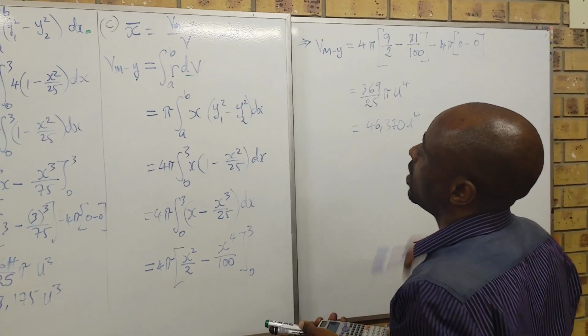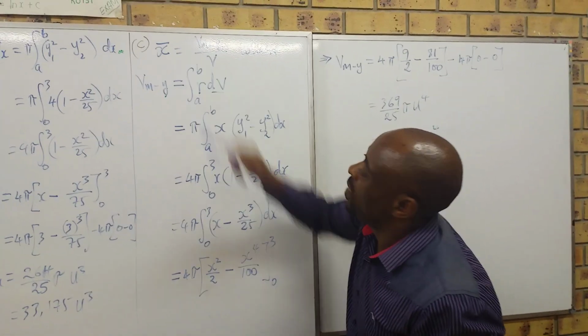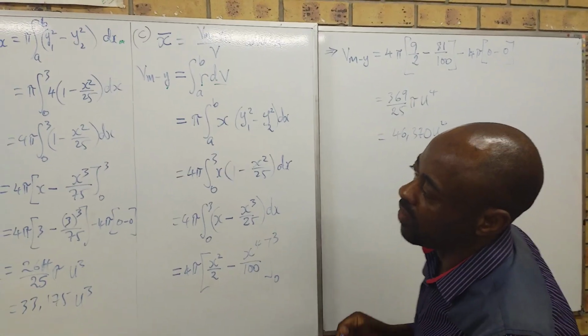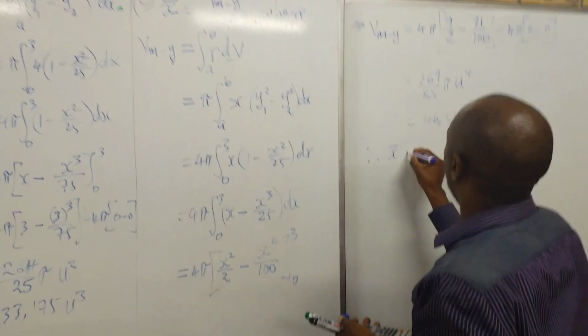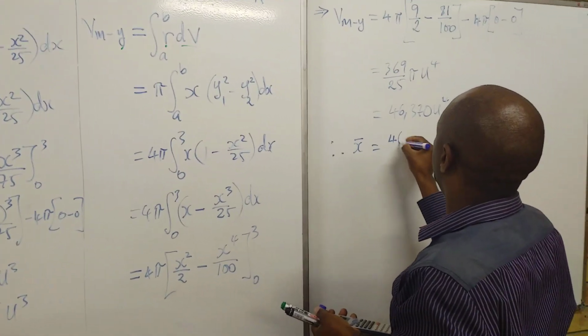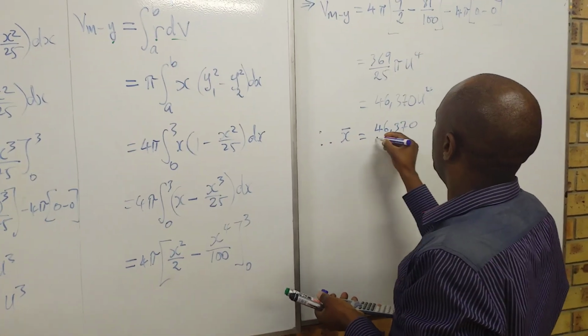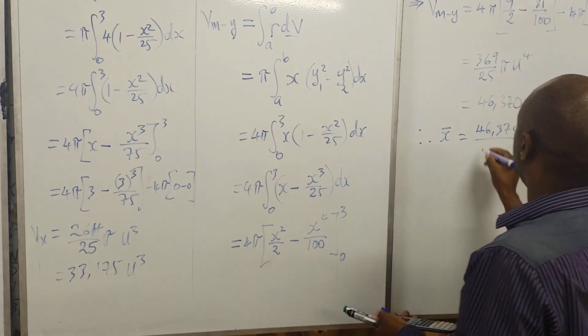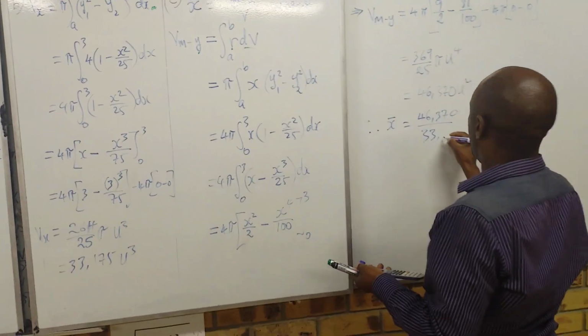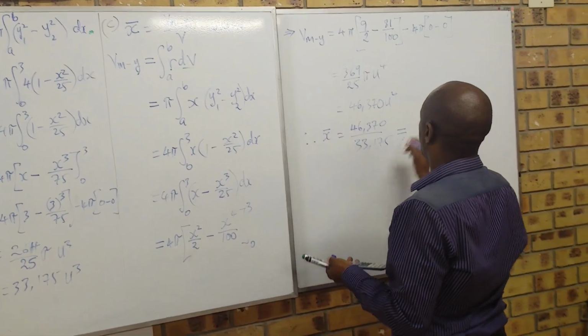And therefore, we can get our x bar, x coordinate of the center of gravity. That's what the question is looking for. So x bar is simply 46,370 divided by our volume, 33,175.